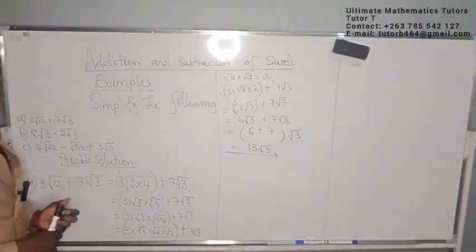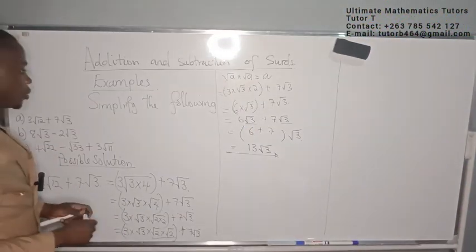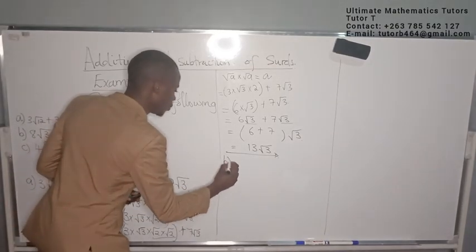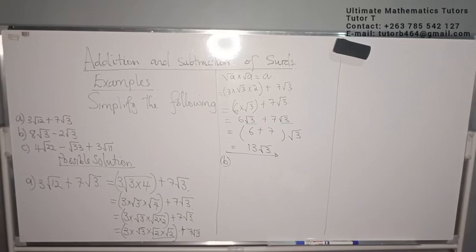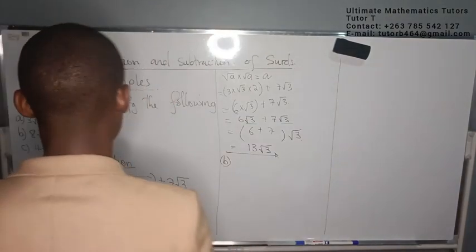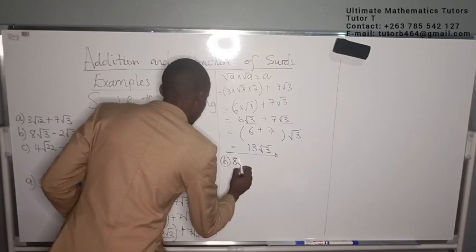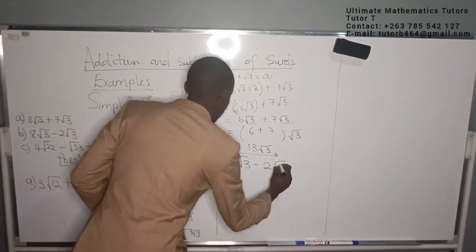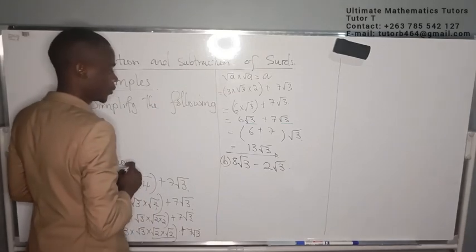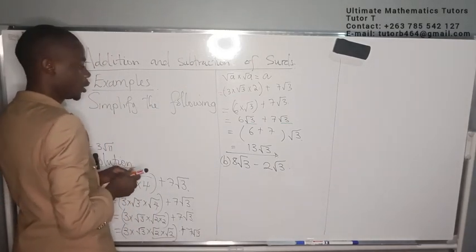Right, now let us jump to question number 2, or part B. For part B, we have got 8 root of 3 minus 2 root of 3. What is common here?